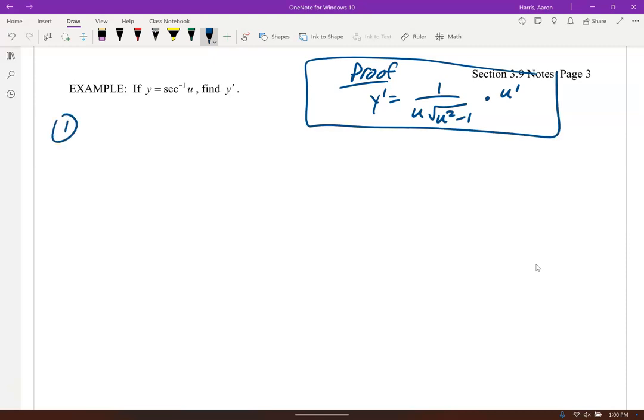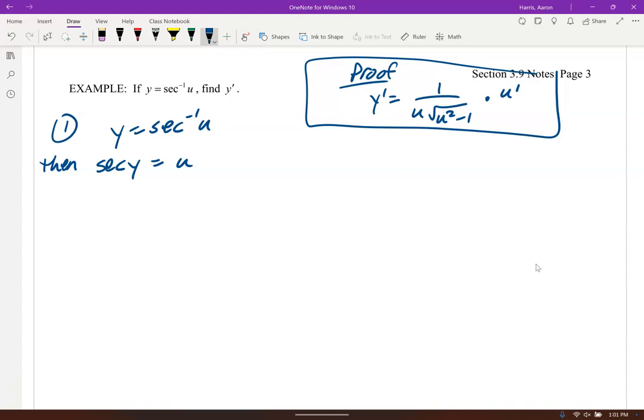So number one, if y equals the arc secant of u, then secant of y would be u, right? Or in other words, secant of y is the reciprocal of the cosine.